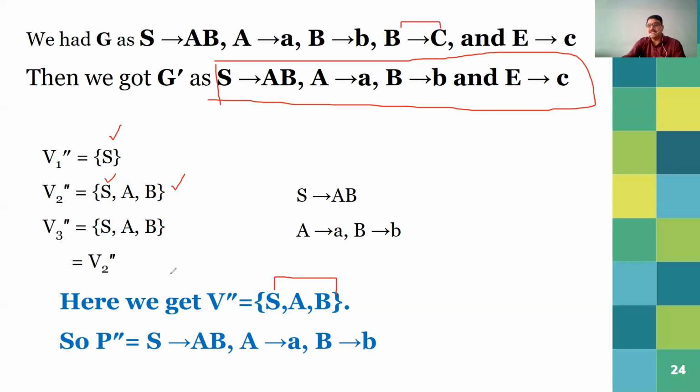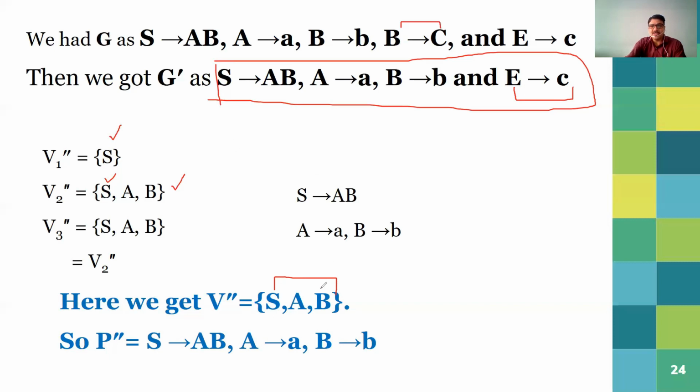So you can see here clearly that E is not in the set of variables. That means E is also a useless symbol, and the production E to C will also be a useless production. So just write the productions of all the variables that are present in the set. For S, you have to write S to AB.